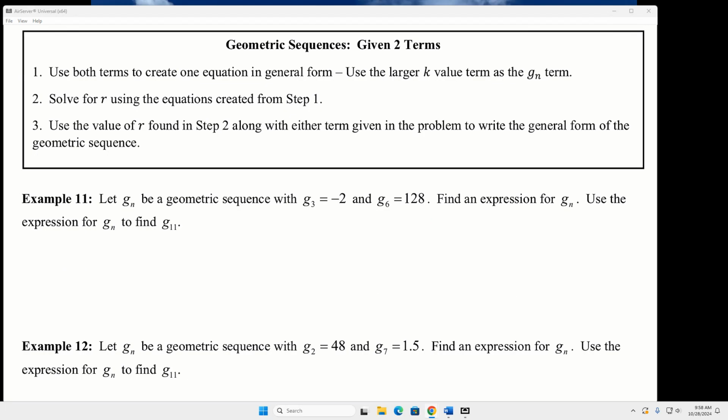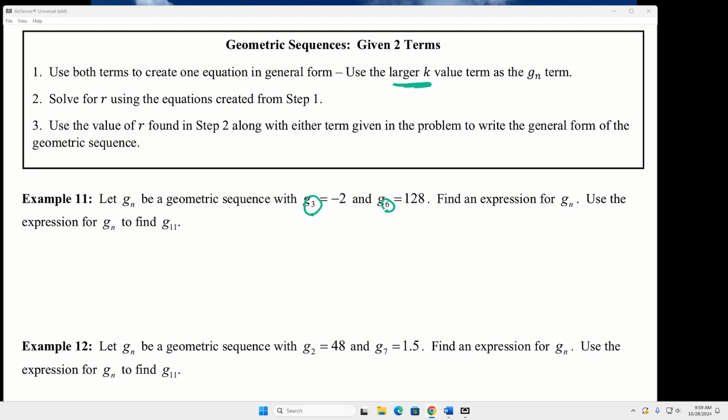You have 2 terms, but there's some space in between them. In that case, sometimes this is n when you're setting it up, and sometimes this is k. So you have to be careful. I think what makes this easier to do when you're just given 2 terms is you use the larger k as n. So the larger term number is going to be the n value, okay?